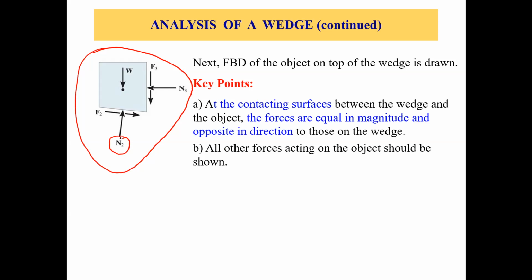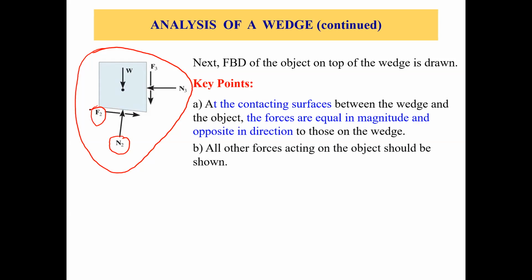This is the normal force and this is the friction force. The directions of N2 and F2 are opposite to the directions of these forces acting on the wedge, but their magnitudes are equal. That's why we have the same notation N2 and F2 for these forces.